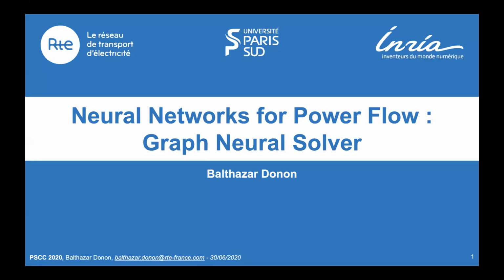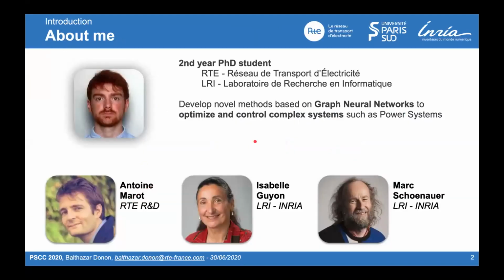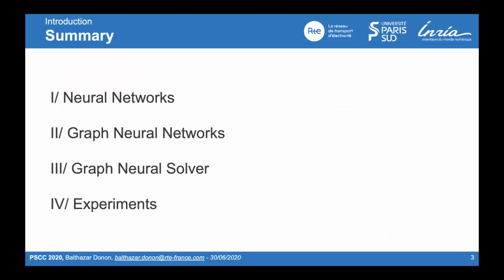So I will talk a little bit about graph neural solvers, which are a type of neural networks that were introduced for power flow computation. As we said, I am a second-year PhD student at RTE and LRI, and my goal is to develop novel methods based on graph neural networks to optimize and control complex systems such as power systems. In this presentation, I will try to answer three main questions. First of all, what's a neural network?